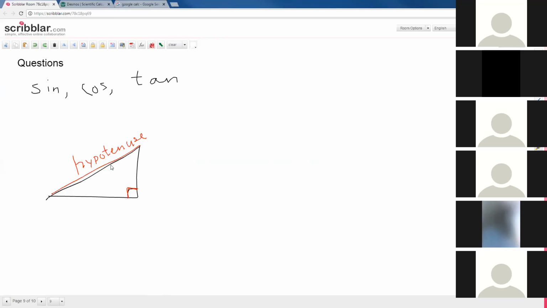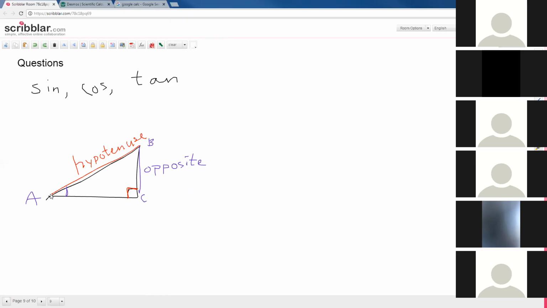The other 2 sides, one will be called opposite, one will be called adjacent. On those 2 sides, it's based off your angles inside the triangle. So if we wanted to focus on angle A, angles are the space between, but we need to know what angle we're focusing on because opposite will be across from that angle. So since B to C, this side is across, it's called the opposite.